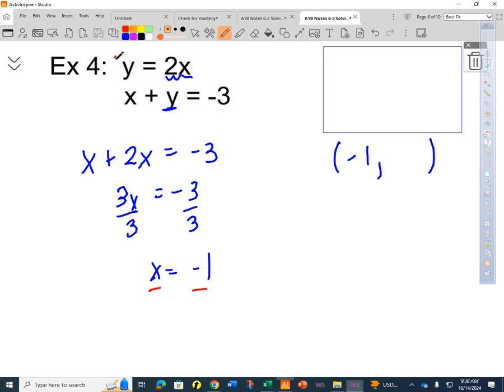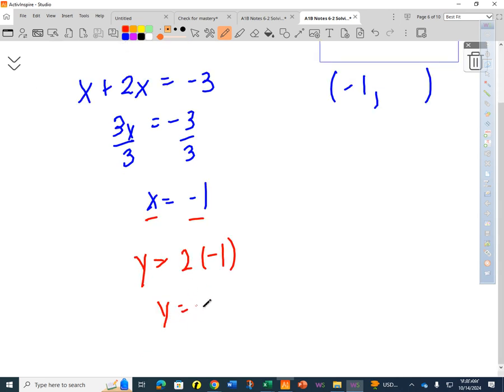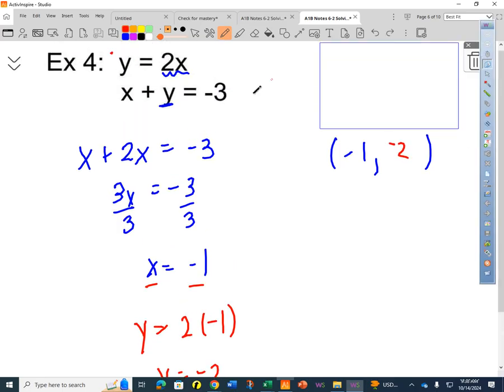So I'm going to use this one because it seems easier to me. So y equals 2 times -1, and in fact, because it was solved for y already, now we know that the y coordinate of our solution to this system of equations is -2. And so we know that if we graph these two lines, the point where they would intersect would be -1, -2.